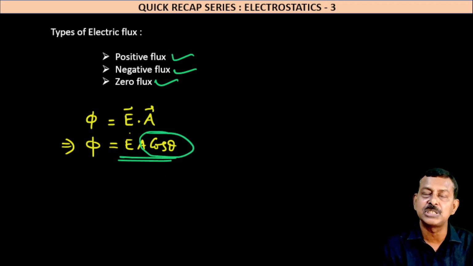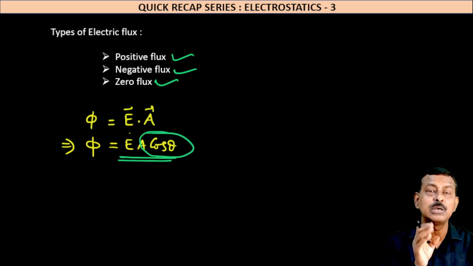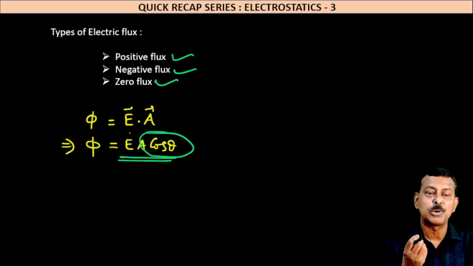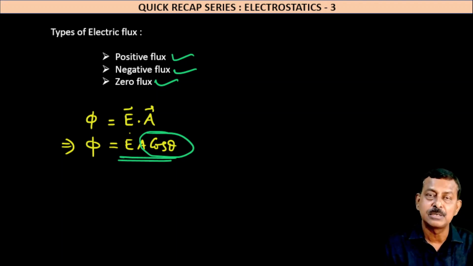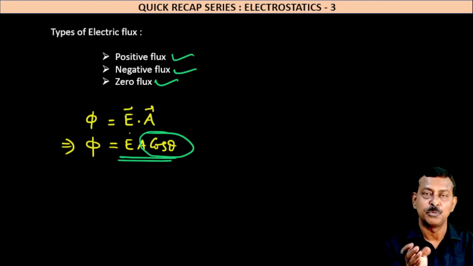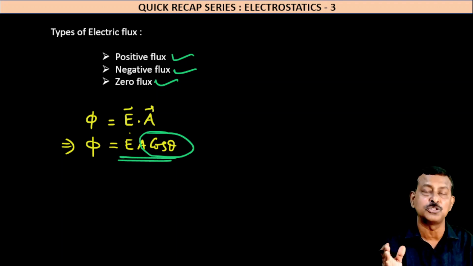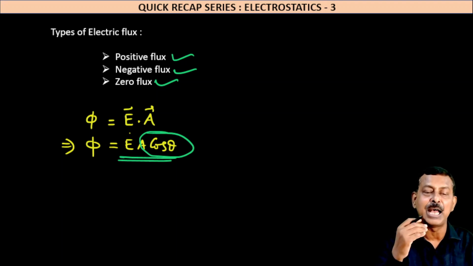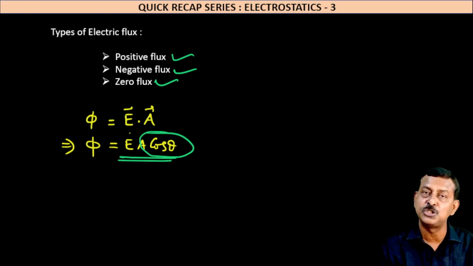Since this cos theta value will depend upon the angle there, whether it is acute, obtuse, or 90, depending upon that, we have different values of cos theta, whether it is positive, negative, or 0. So that way, we take the flux of three different types as positive flux, negative flux, and zero flux.